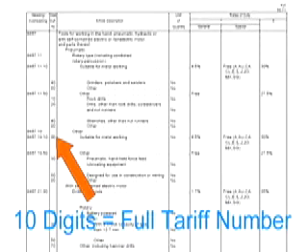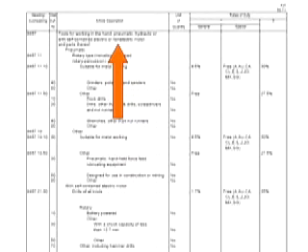The second column is the stat suffix, and the U.S. uses 10 digits for statistical purposes, though the proper classification on the entry document will consist of 10 digits. The third column on that tariff page is the article description.